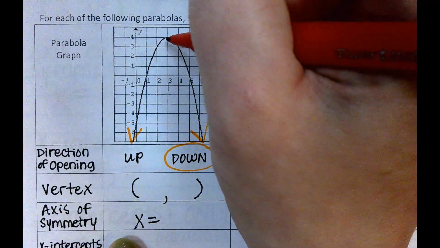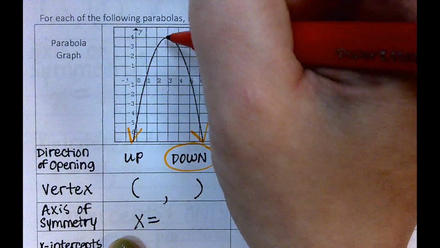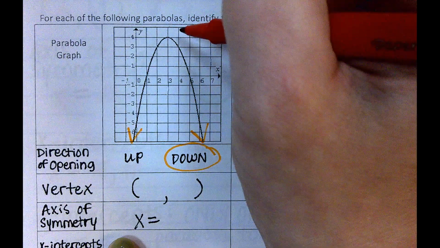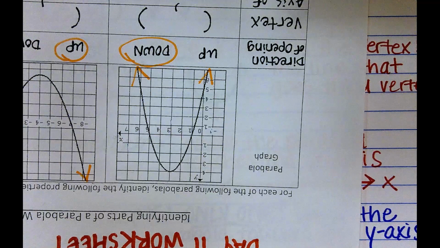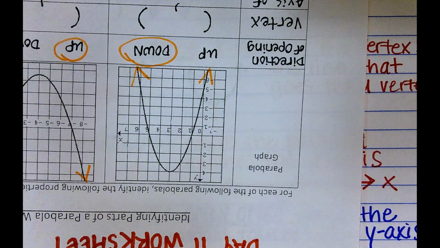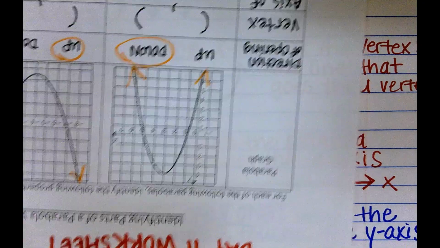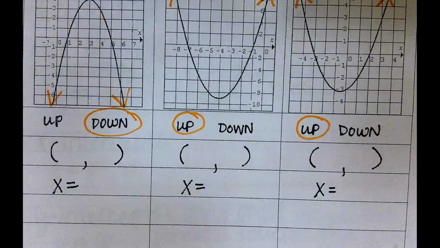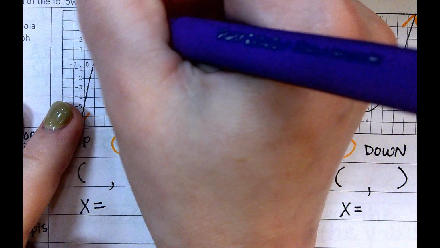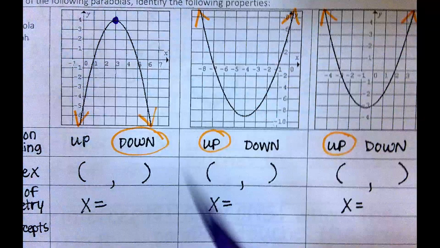The point of my vertex is right here. It's like an upside down V or U, and I'm going to call it V for vertex. So what we need to do is first mark that as my vertex.